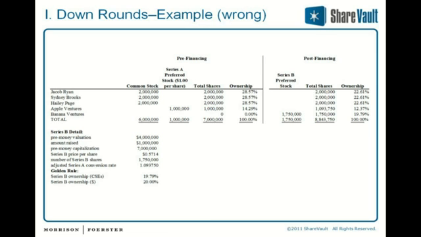But here's an example of a down round that was handled incorrectly. You'll see, as is the case in most capitalization models, the company's pre-money financing on the left-hand side and their post-money financing on the right-hand side. When you take a look at that, you'll see here that this company has a pre-money valuation of $4 million, and they're raising $1 million.